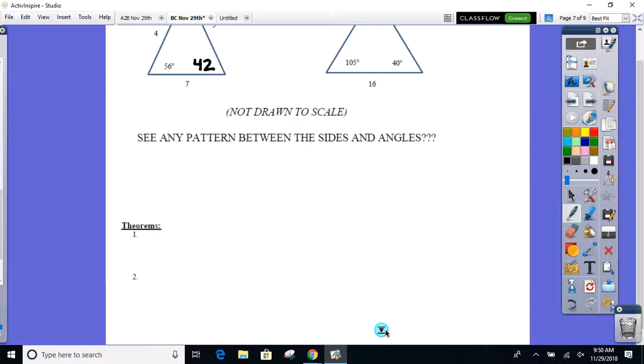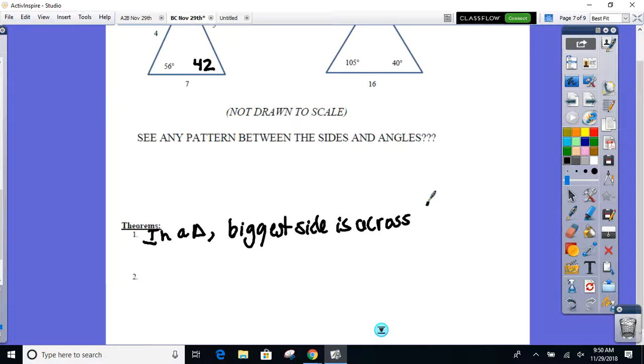All right, so let's write that down. So in a triangle, biggest side is across from the biggest angle.